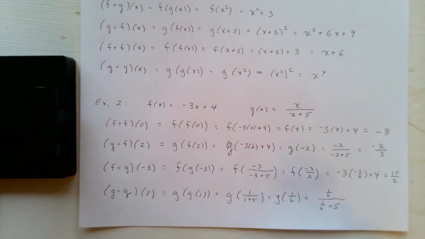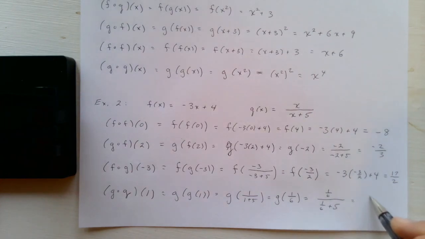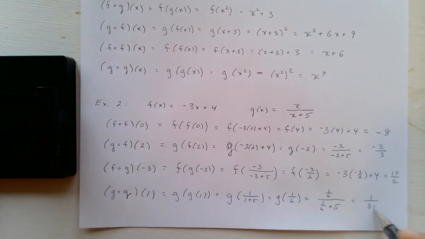Okay, it's kind of an ugly number, but you can get common denominators, or you can just multiply both the top and bottom by 6, and what this becomes is 1 over 31. If you leave it like this, I'd probably accept it, but you should be able to simplify this to this number.